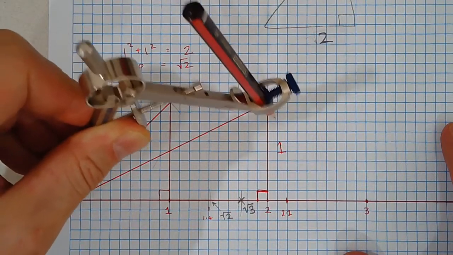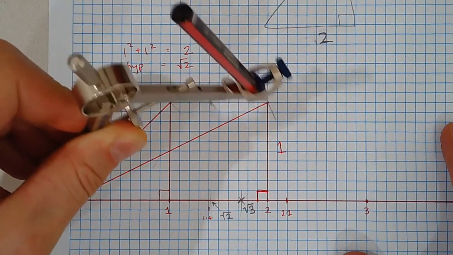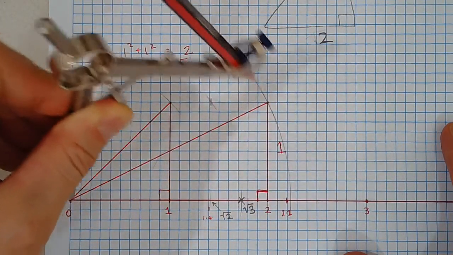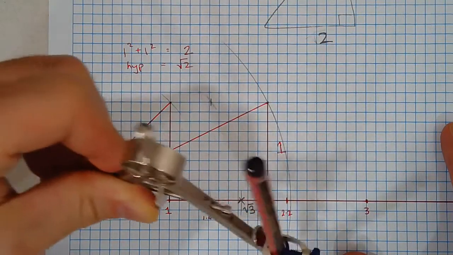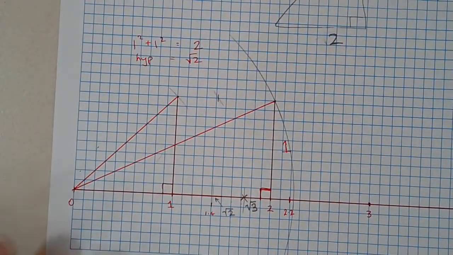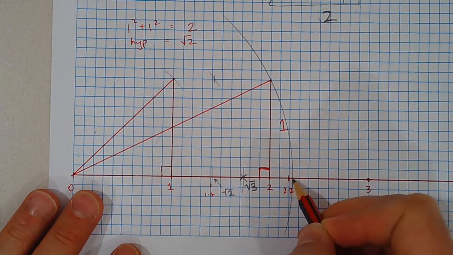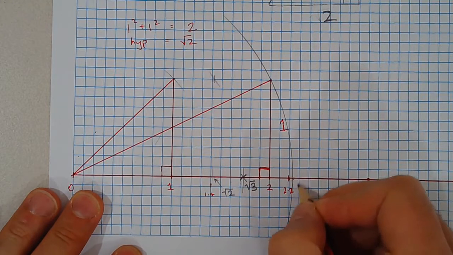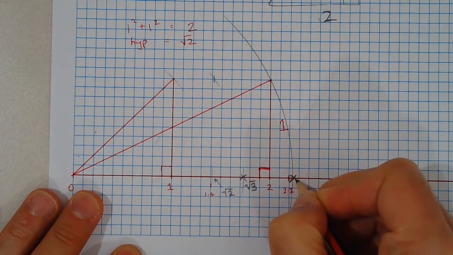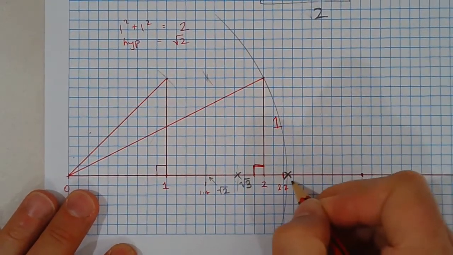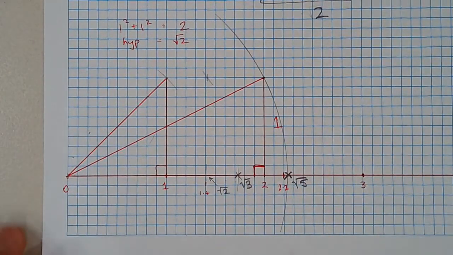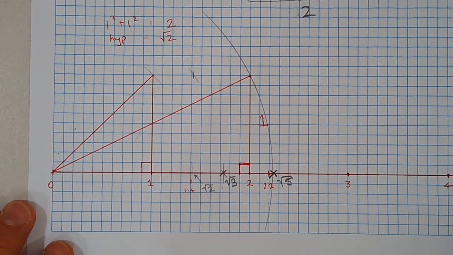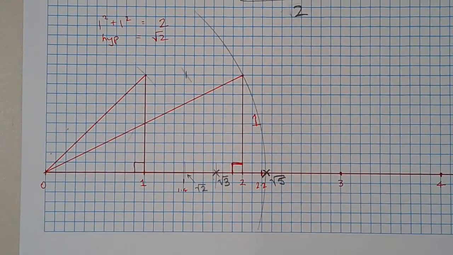The compass here is opened up to the hypotenuse of this triangle. I might do the full arc this time so you can see how this works. And you can see here that it lands a bit past 2.2. It's around 2.24 or close to 2.25. So that's this mark here, where I've placed that X. That there is the square root of 5. So now we've located 3 surds on a real number line. And yeah, hope you've had some fun watching this video.